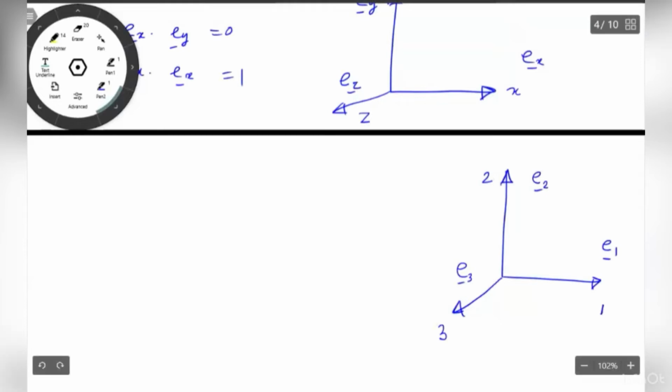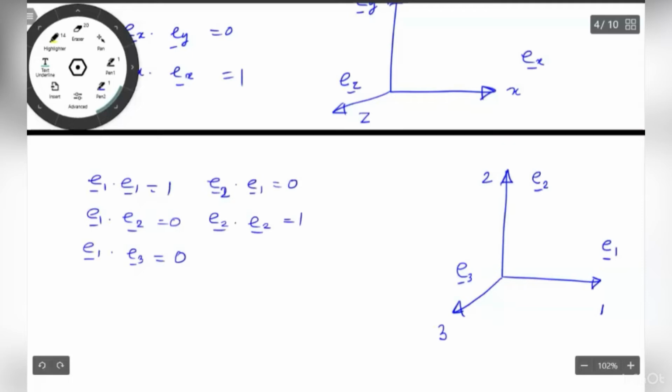Okay. So here we will have e_1 dot e_1 equals 1. e_1 dot e_2 equals 0. e_1 dot e_3 equals 0. Now e_2 dot e_1 equals 0.